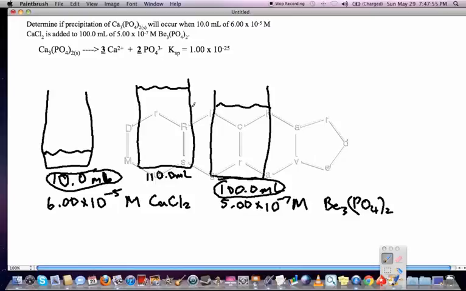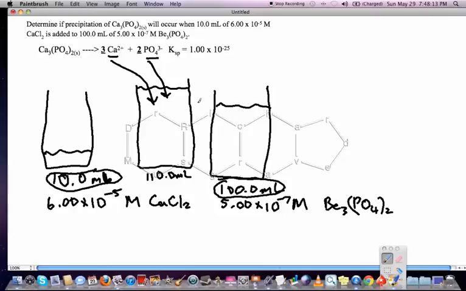And what we're investigating is whether or not the concentrations of Ca2+ and phosphate in this new solution will be sufficient to allow precipitation to occur.